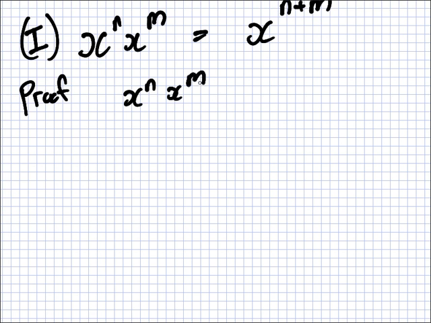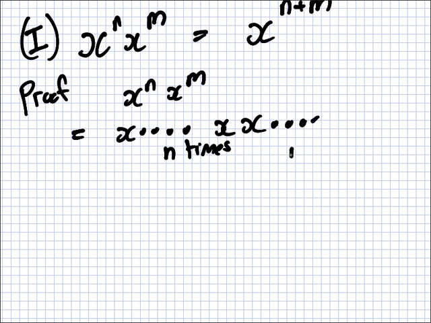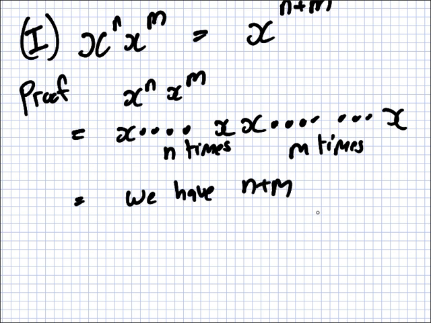So the proof here: x^n times x^m, that would be x n times, wouldn't it? And then this one here, how many? m times. So this is like saying we have n plus m x's, don't we?